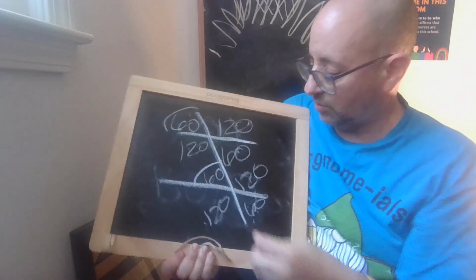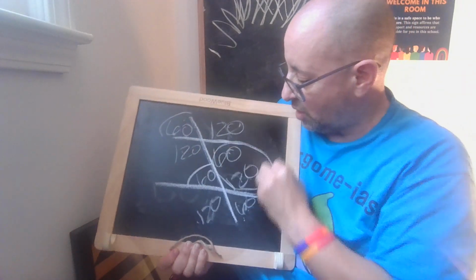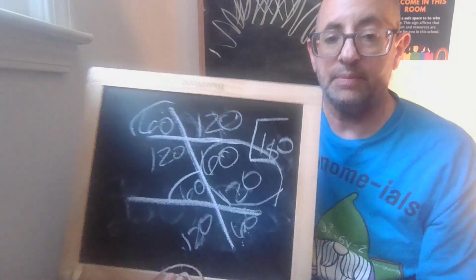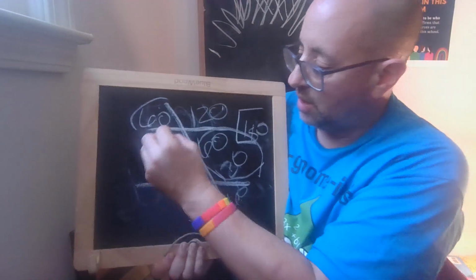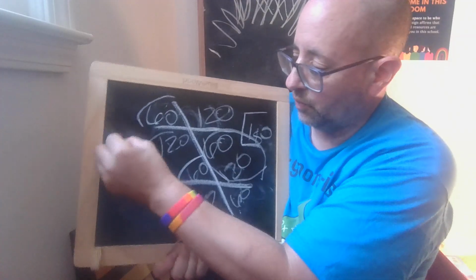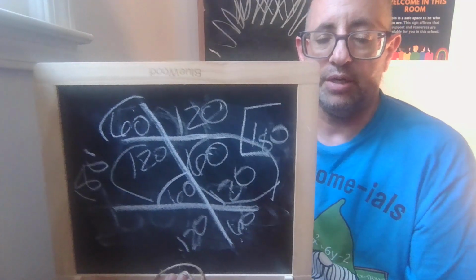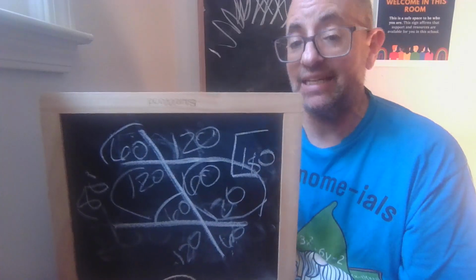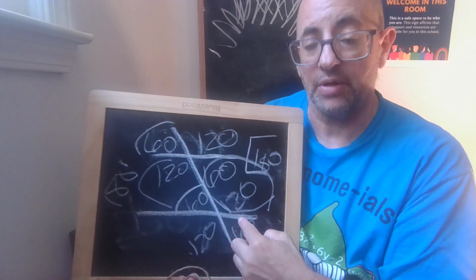And then the coup de grace are the ones that form a letter C that add up to 180 degrees. Notice these angles right here add up to 180 degrees. They have to. And those are called consecutive interiors because they follow each other.